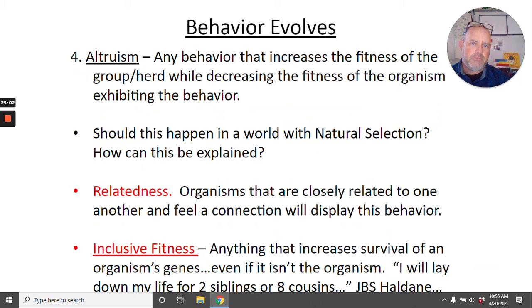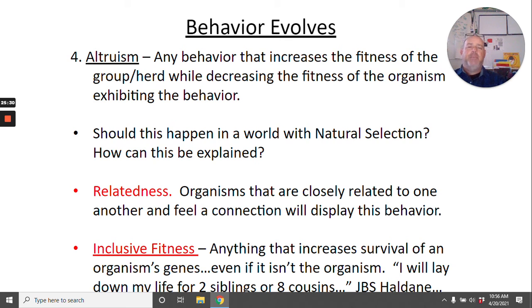Warning calls would be one, right? There's a predator in the area, and everyone might be hunkered down, and then one of the organisms in the group notices the predator, and you have to alert everyone, right? So the organism gives out the warning call, but then you're giving away your position, and the predator's probably coming for you, which decreases your fitness, right?